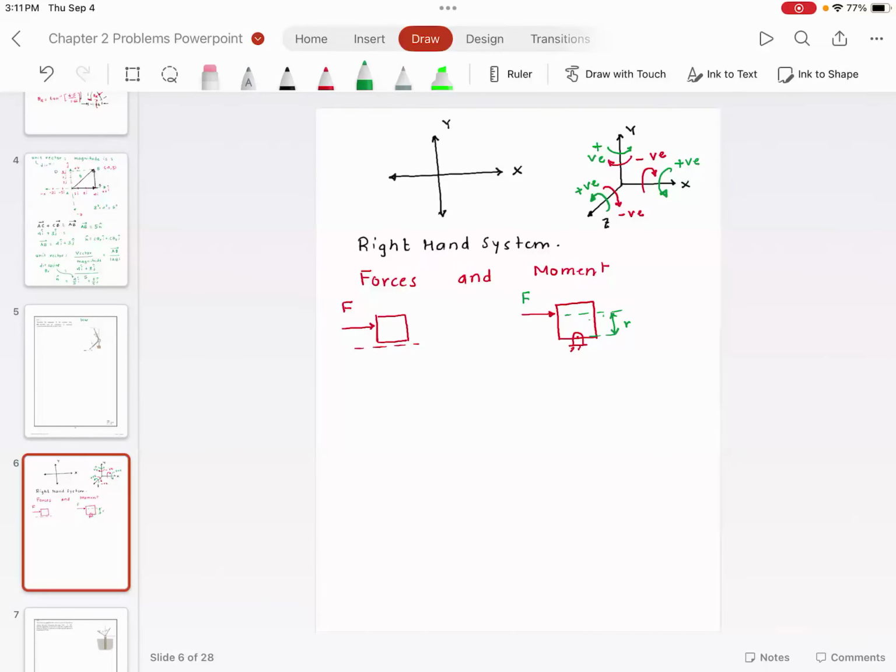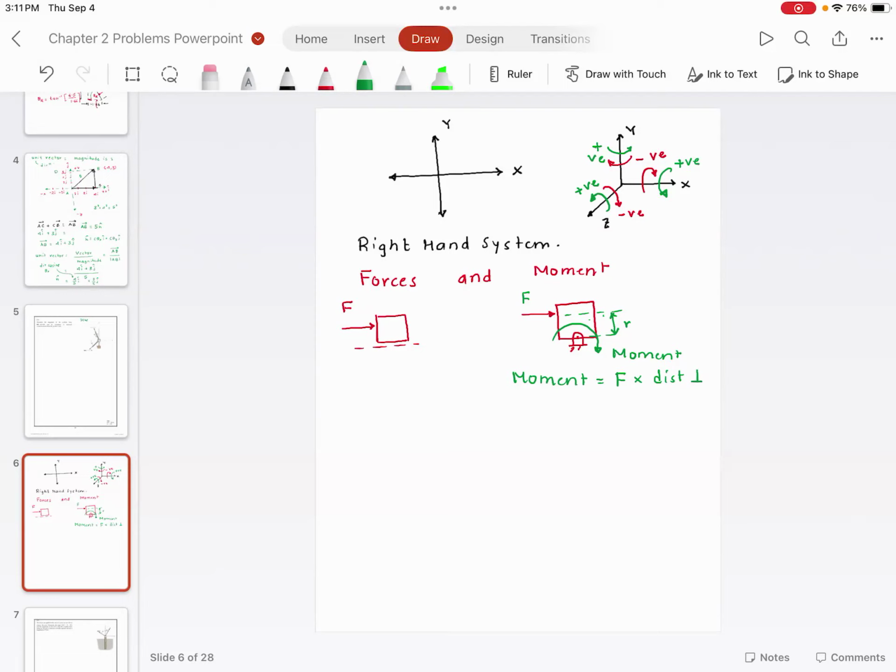This is going to give you a moment. Moment is given as force times distance, but this distance needs to be perpendicular.